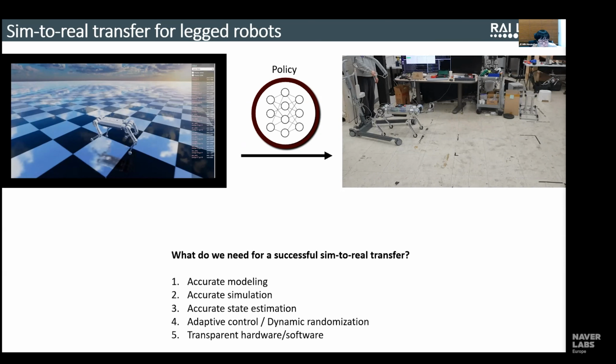And does randomization relieve the need for accurate simulation? Yeah, so that's the point. Dynamic randomization helps you if you don't have an accurate simulation. So you just give a broad range and hope you hit your real robot model. Of course, there are downsides.